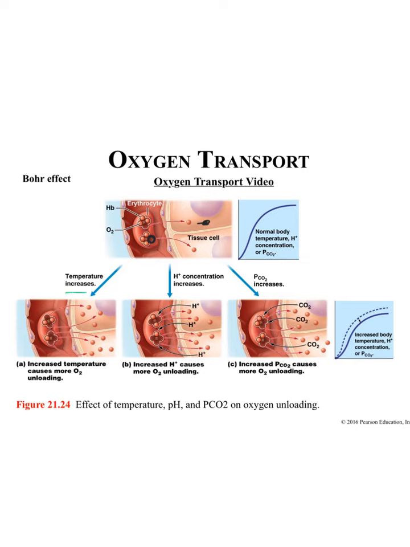But an increase in temperature, an increase in the amount of hydrogen, which would drop the pH so you become more acidic, or as the amount of CO2 increases, what we see here is the unloading is occurring more because the tissues need more oxygen. And so what we actually see is that the curve shifts to the right. So we're promoting more unloading at the tissues.